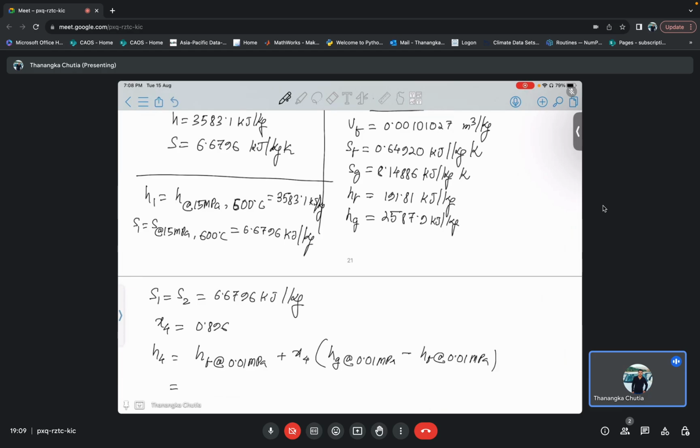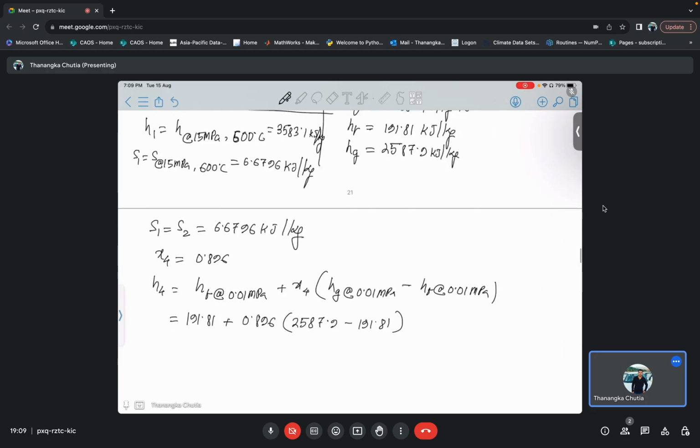So Hf is 191.81 plus X4, which is 0.896, times Hg, which is 2587.9 minus 191.81.